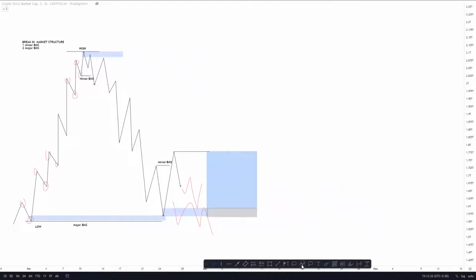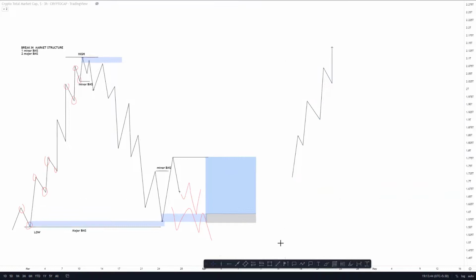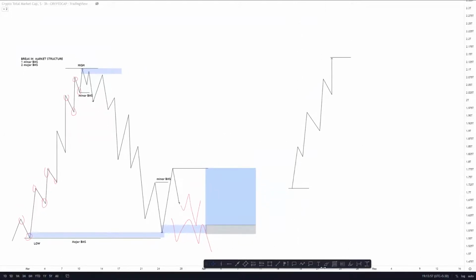If price is making higher highs, higher lows, higher highs, higher lows, and then higher highs, higher lows, this is our last low, and this is our last high.